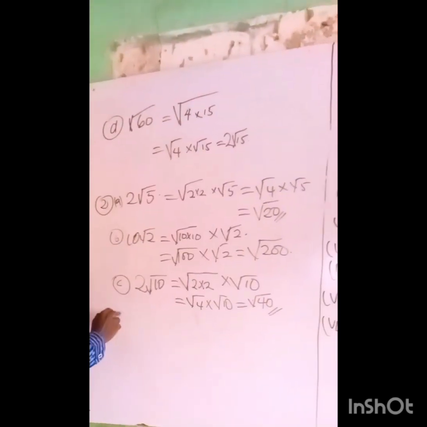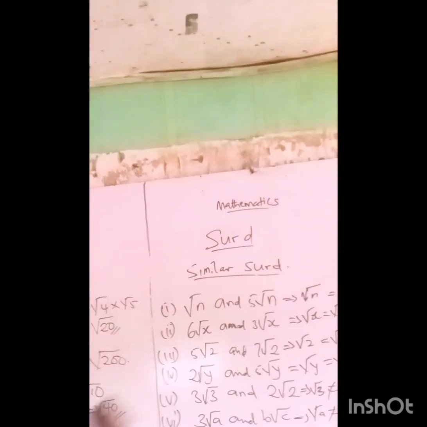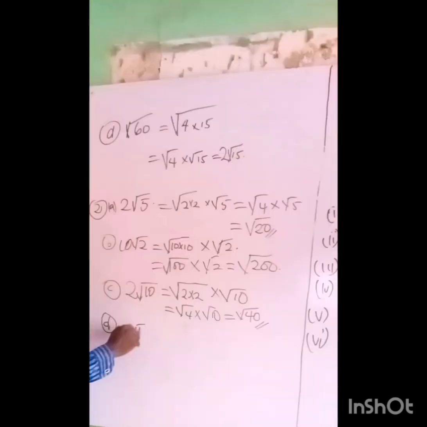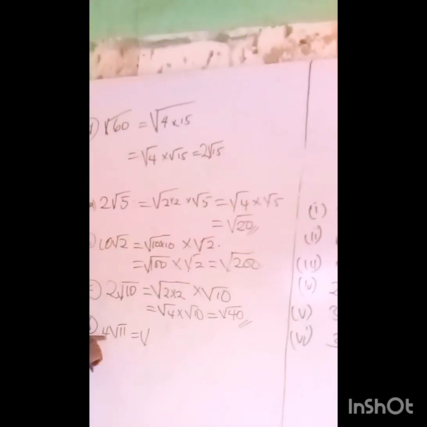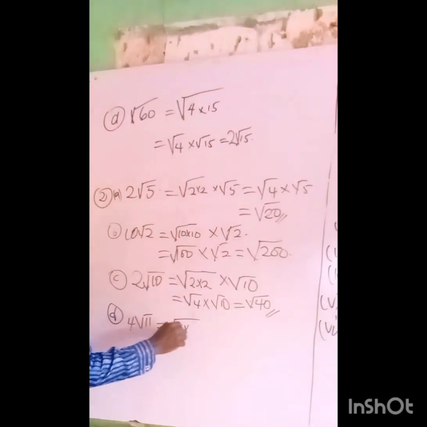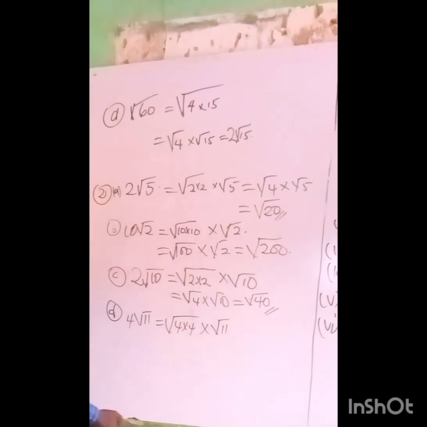Then the last one is 4 root 11. Remember, multiply the one outside the root by itself. That will be 4 times 4 multiplied by root of 11.